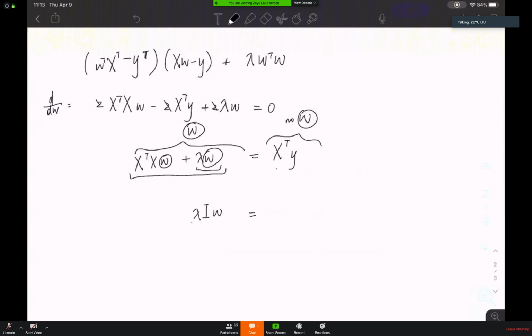But then this will give us lambda in a matrix form. The meaning is the same. We will add lambda to every single diagonal term in this matrix. Which will give us this, and now we can take out the W.